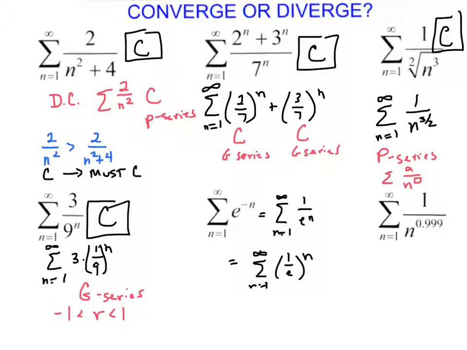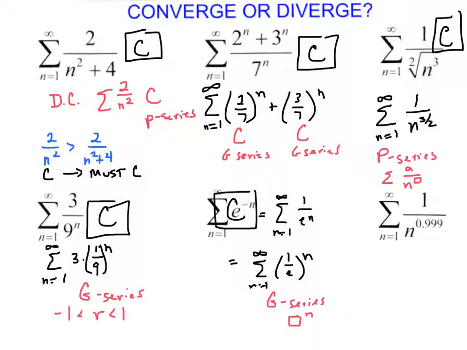So once again, I have a geometric series. Remember, a geometric series is any number base being raised to the nth power, and we converge if that number base is between -1 and 1. So this thing does converge. Put a big C over it.